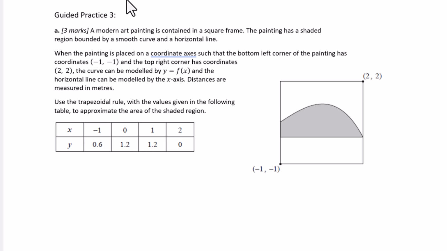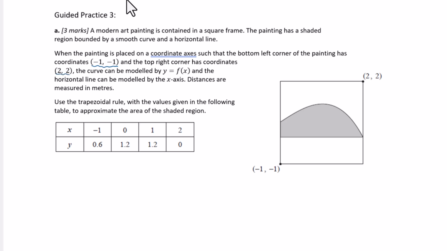Let's go to guided practice 3. A modern art painting is contained in a square frame. The painting has a shaded region bounded by a smooth curve and a horizontal line. When the painting is placed on a coordinate axis, the bottom left corner of the painting has coordinates -1, -1, and the top right corner has coordinates 2, 2.